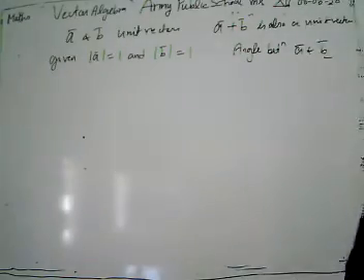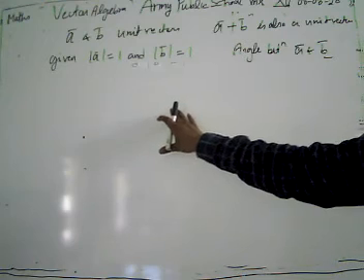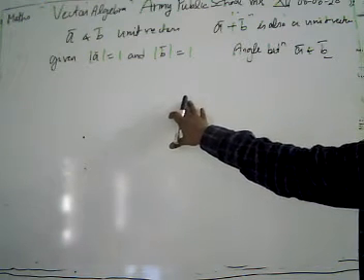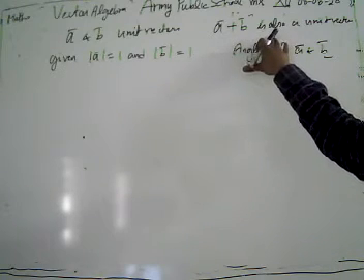How can we get the angle when A and B are two unit vectors such that A plus B is also a unit vector?